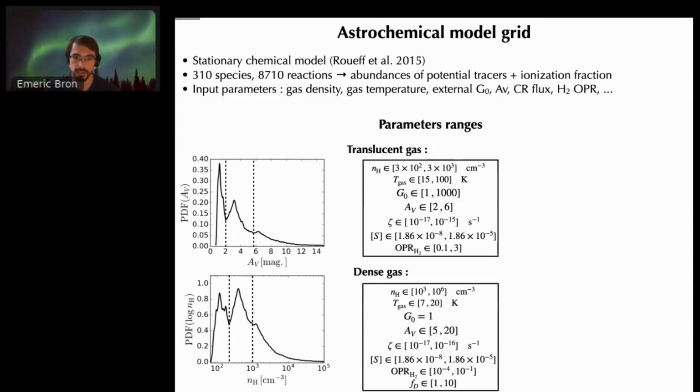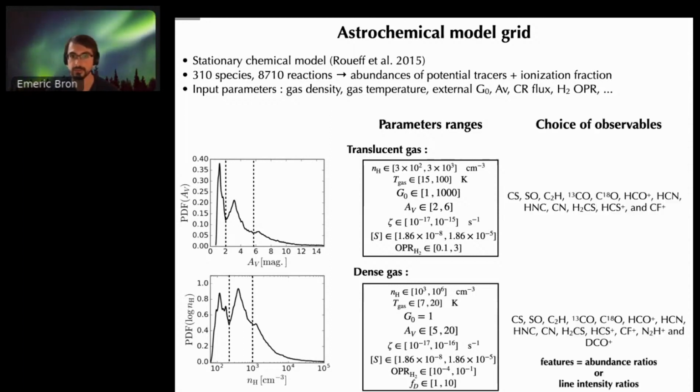You see here the list of parameters and the range that have been explored. We defined two separate grids because we don't expect the same observational tracers to be the best tracers in very different conditions. So to make the problem a bit easier to solve, we separate two different types of medium, dense gas and translucent gas, and we explore the range of possible values of the parameters for those two types of medium.